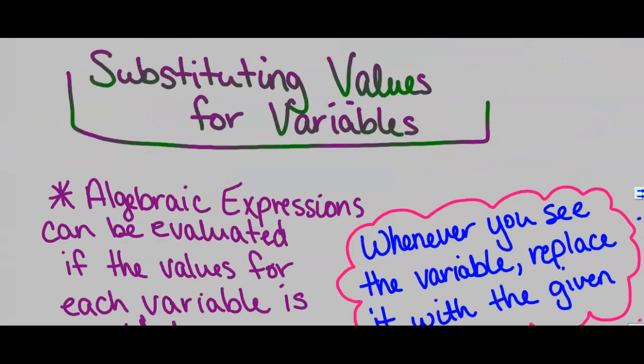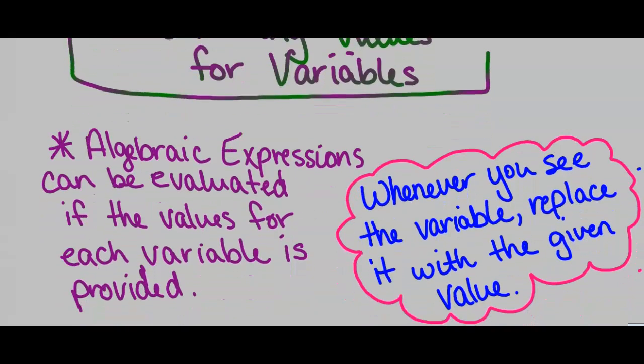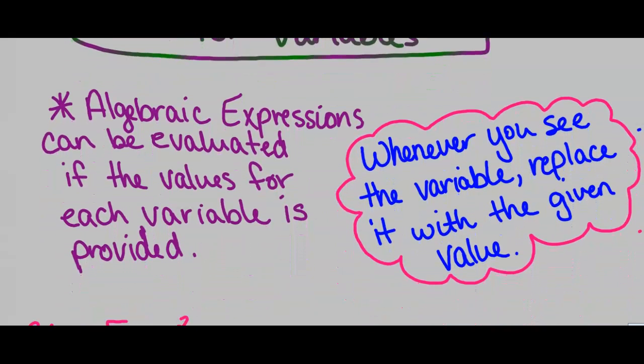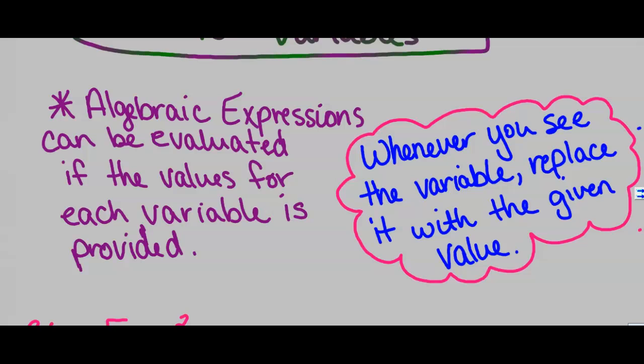All right, here we go. Now let's talk quickly about substituting values. When we have algebraic expressions, we can evaluate them if we are given the values for each variable, or each letter. If I know what each letter stands for, then I can find one number to represent the entire expression.